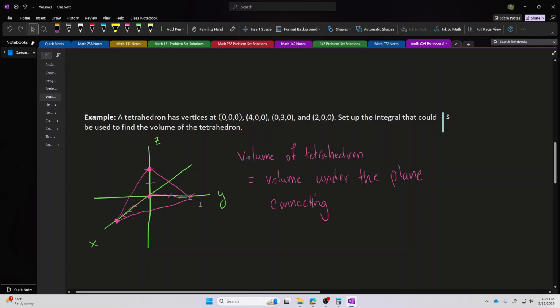This slanted plane that is connecting these points (4, 0, 0), (0, 3, 0), and (0, 0, 2). The volume of the wedge is the same as the volume underneath that plane, the volume that's trapped between that plane and the xy plane.